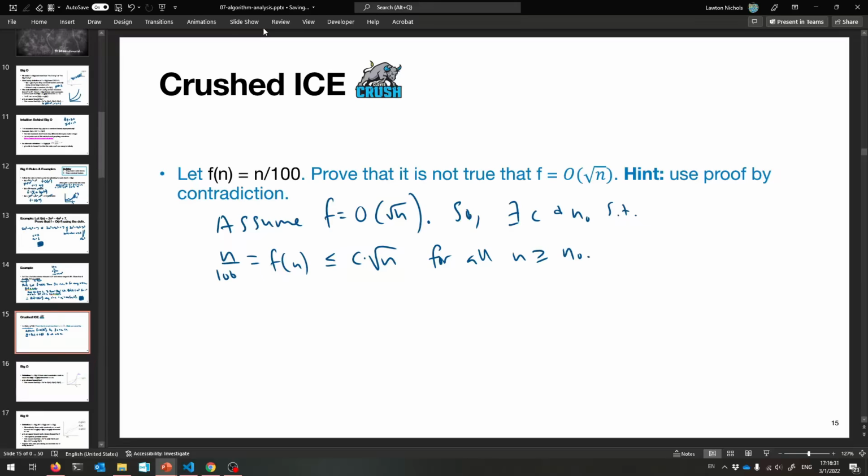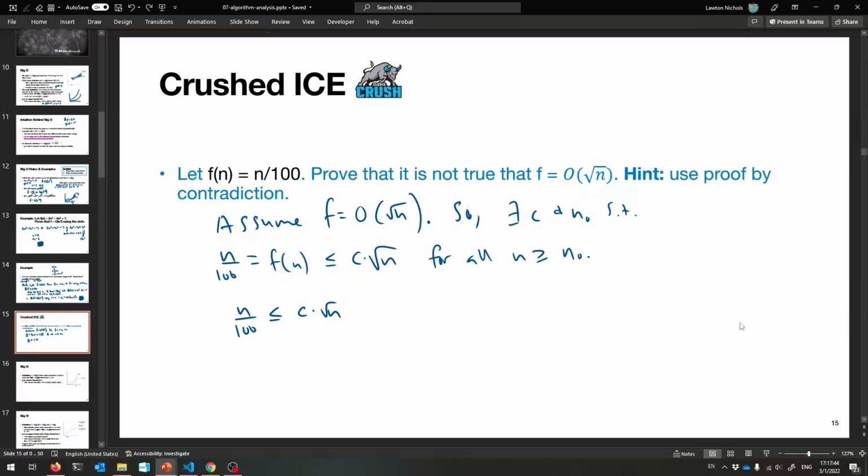Did you find the contradiction? How do you derive a contradiction here now? So we just know that n over 100 is less than or equal to c times square root of n for all values bigger than a certain starting value.